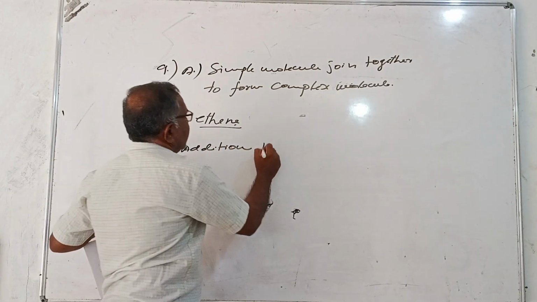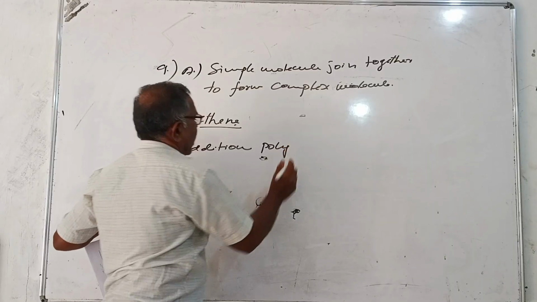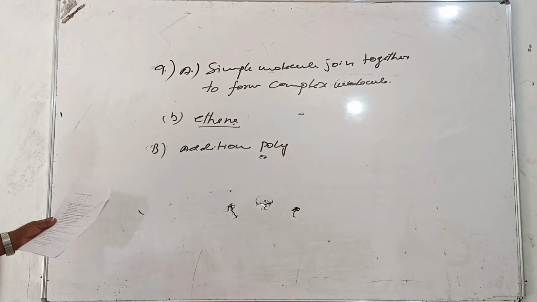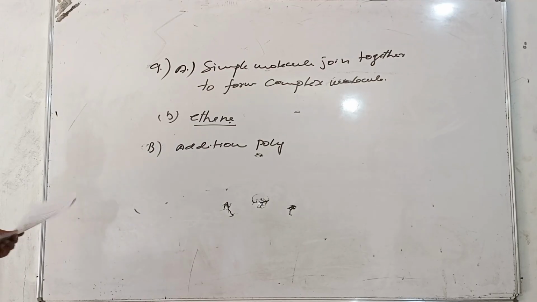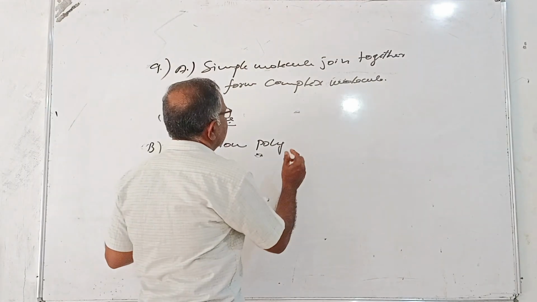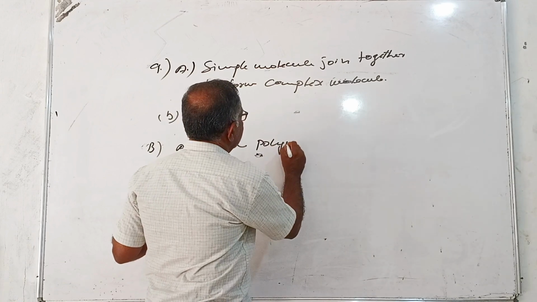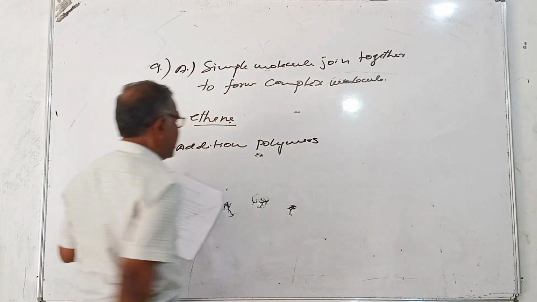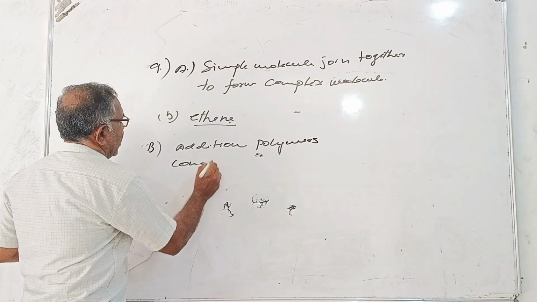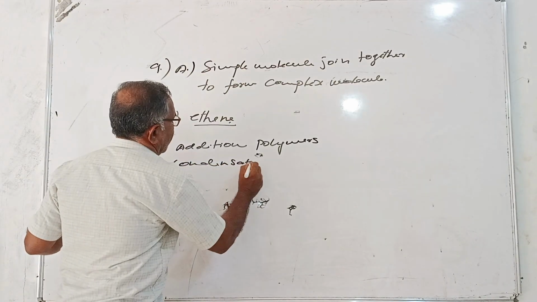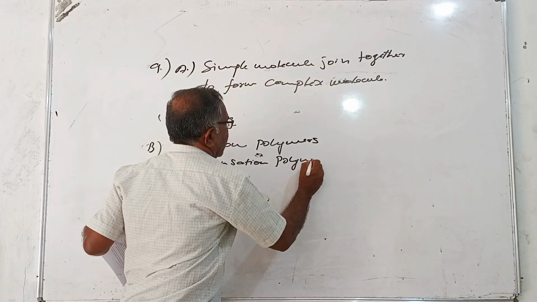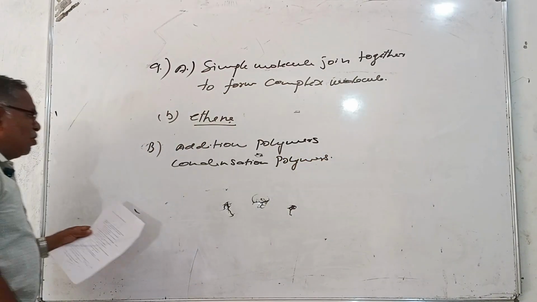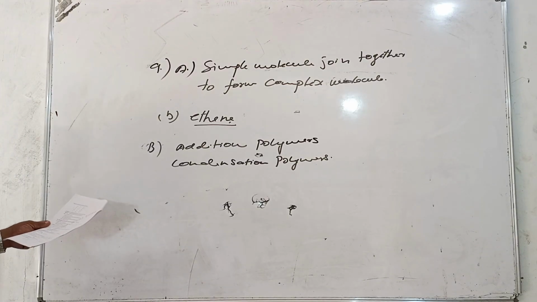The answer is addition polymers and condensation polymers. So these are the two types of polymerization: addition polymers and condensation polymers.